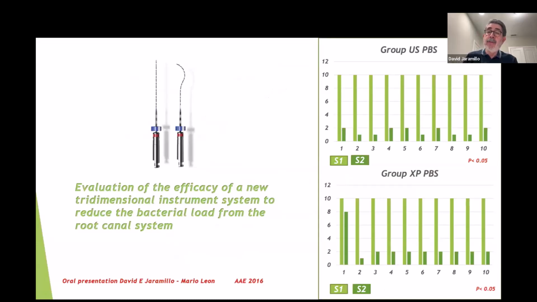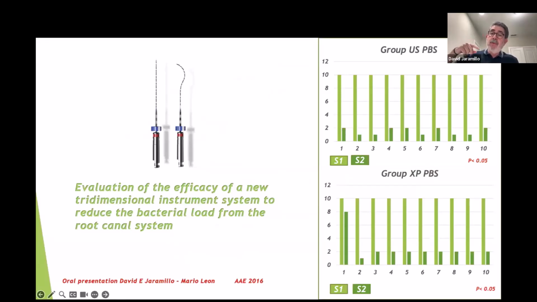We compared it to ultrasonic, and we wanted to see what is the efficacy in the disinfection of this file. This file is at 25/.00, but when it reaches body temperature, it changes phase and bends like this, so it increases its size to a number 90.